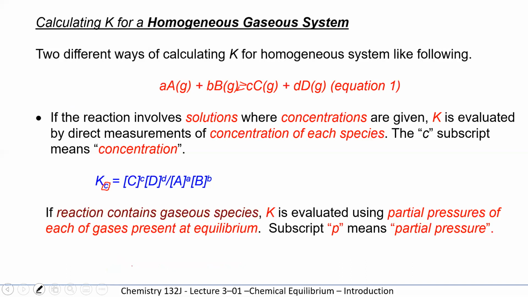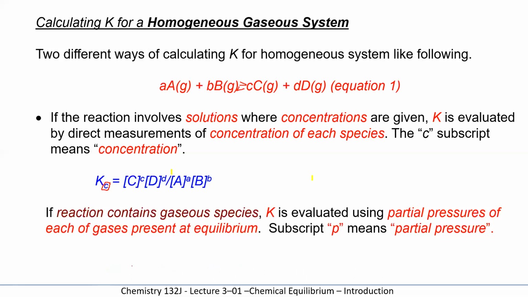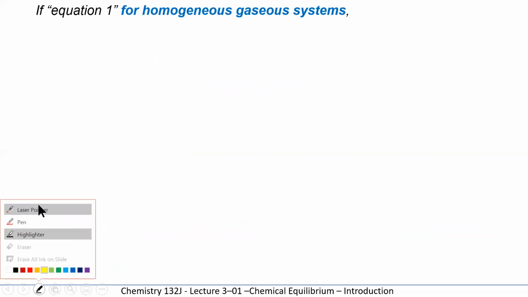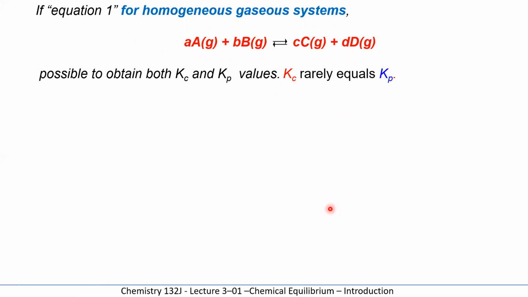Now in equation 1, for the homogeneous system here, again we have the same equilibrium, A and B in equilibrium with C and D. It's possible to obtain both Kc and Kp values.